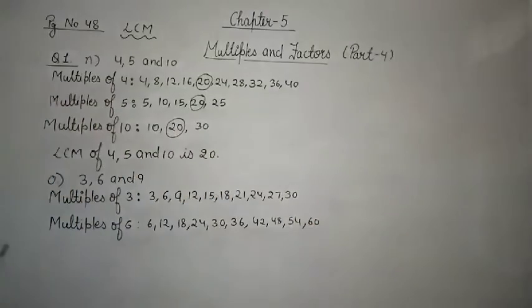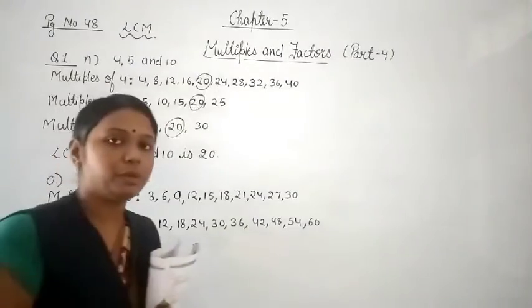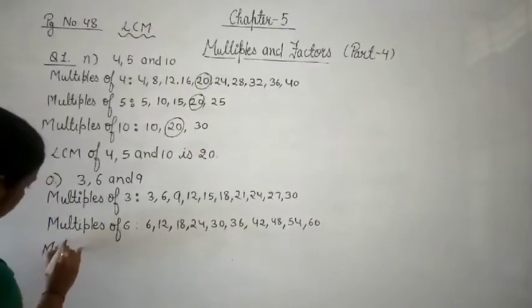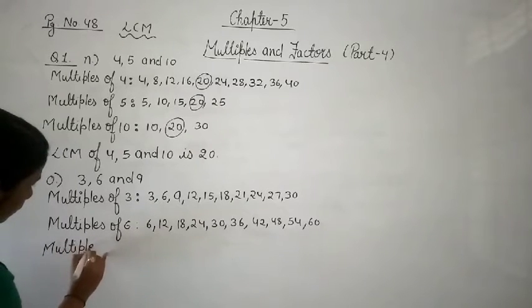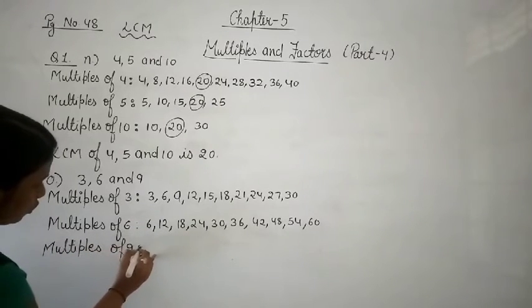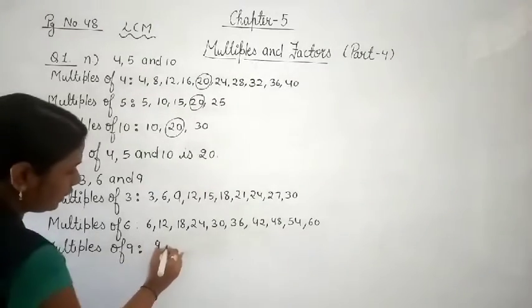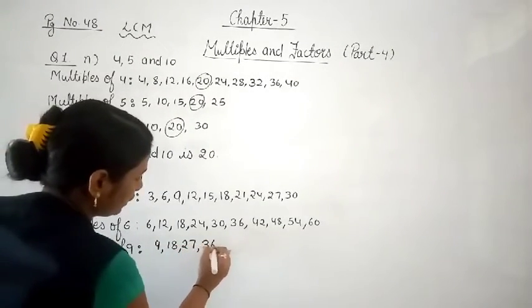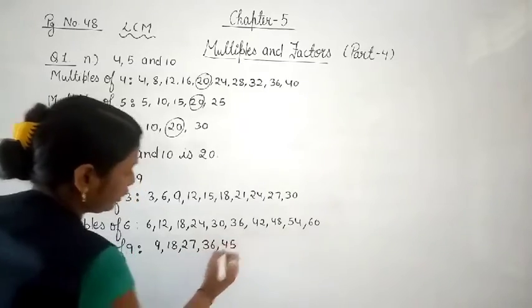So I have written 10 multiples of 6. Now multiples of 9: 9 ones are 9, 9 twos are 18, 9 threes are 27, 9 fours are 36, 9 fives are 45.